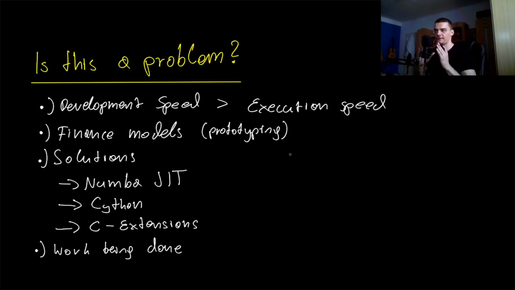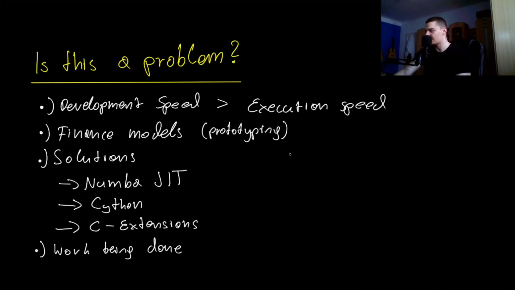But if it's high frequency trading where everything is about milliseconds, you're going to take this model that you have developed in Python and implement it in C, C++, and sometimes even assembly, as optimized as possible. So this is an example of how things are done if performance is needed. Python is used for its development speed, and if really high performance is needed, you're going to use C, C++, or assembly in the end.